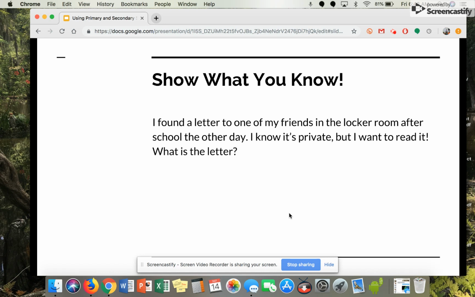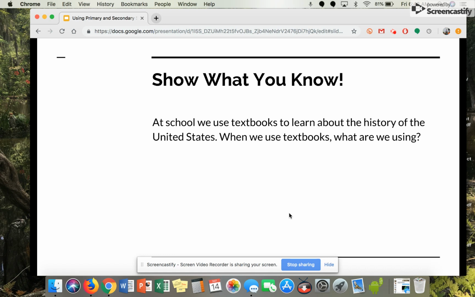I know it's private, but I want to read it. What is the letter? Is it a primary source or a secondary source? At school, we use textbooks to learn about the history of the United States. When we use textbooks, what are we using? Are we using primary sources or are we using secondary sources?